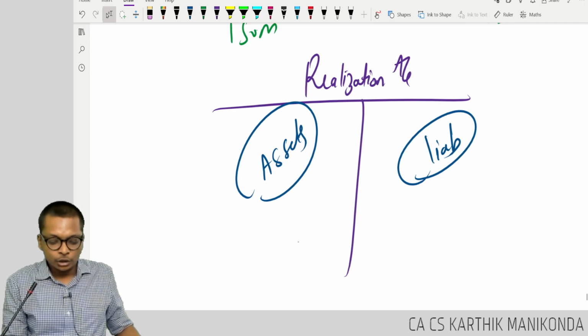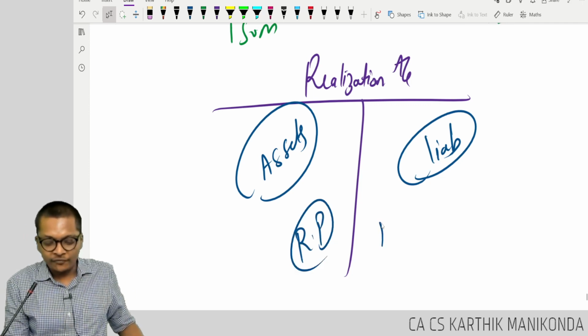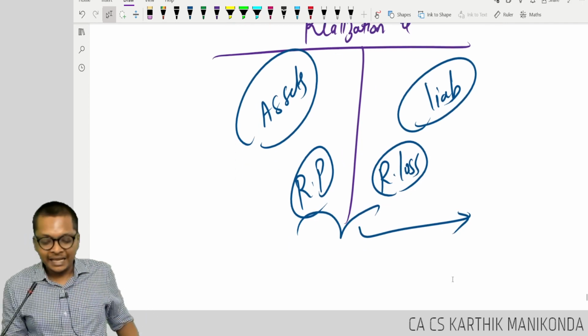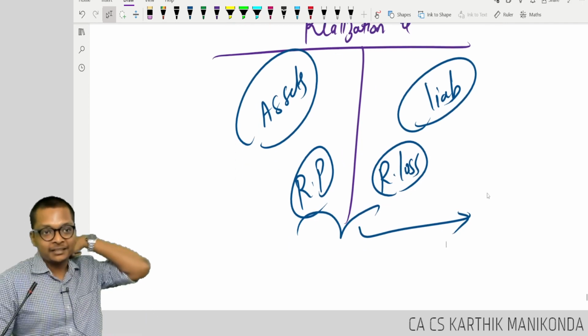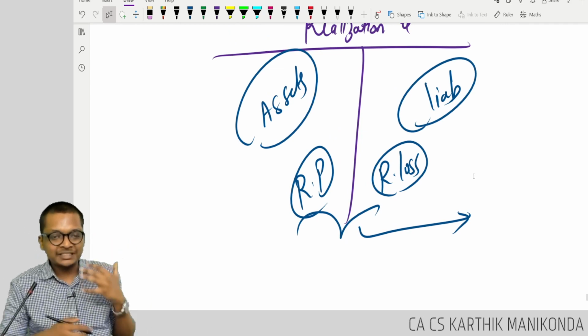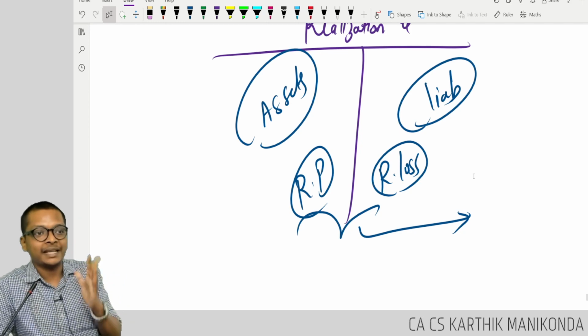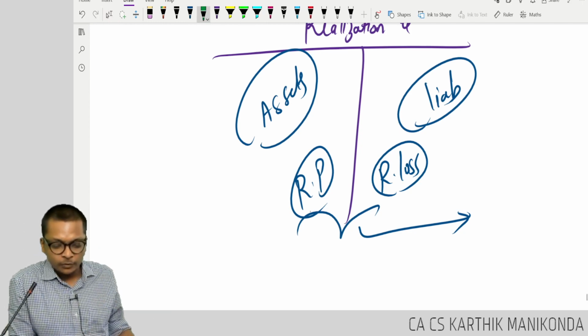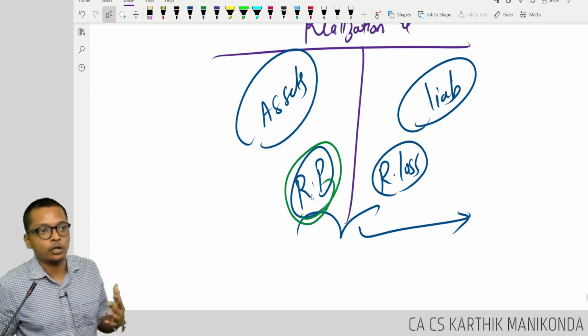Towards the ending, you will see if there is realization profit or realization loss, and accordingly transfer to the partners, and then you will make them settlement in the partners capital account. Correct? Now, that means I have to sell all the assets and pay all the liabilities. Correct? Only after I do all of that will you find realization profit or loss.